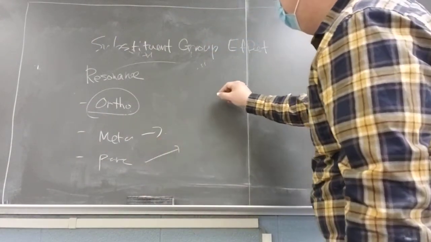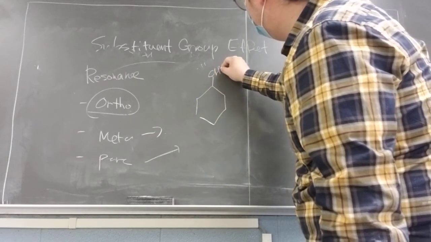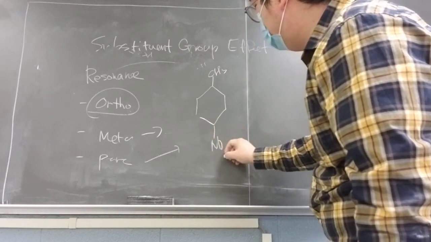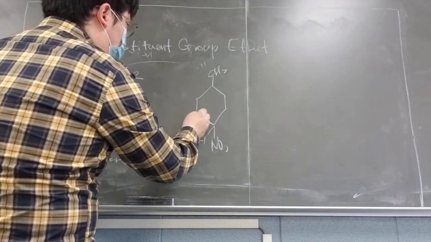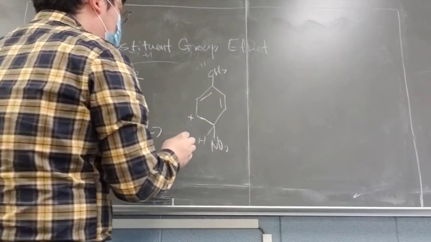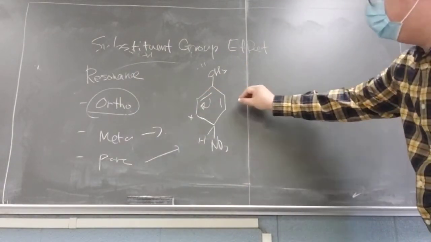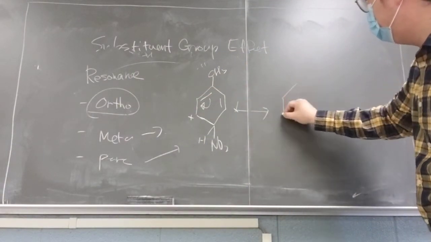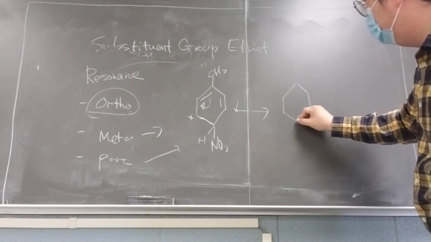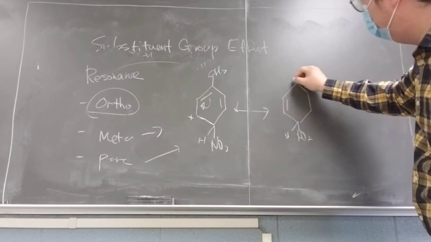And the para position. Let's try to put it on the para position. The para position is here, right? It doesn't matter, you can put it here, and then you can move this one to here. Then it goes to here.